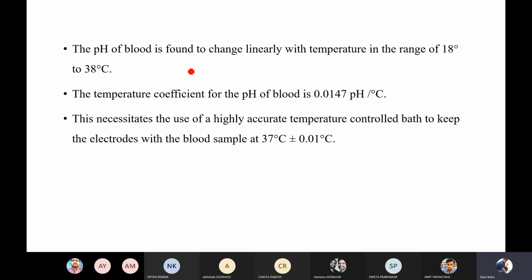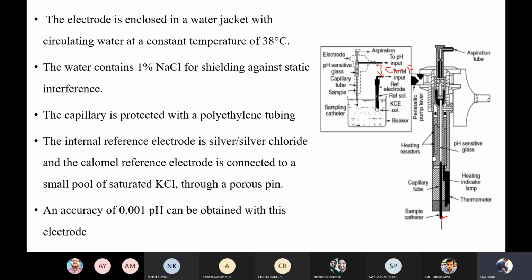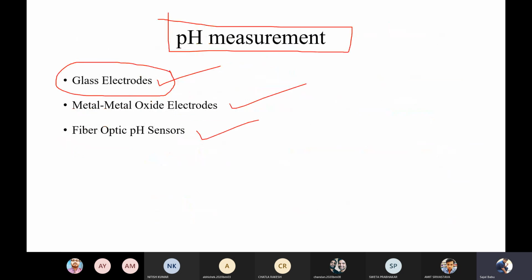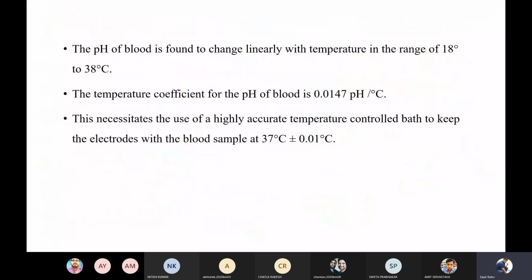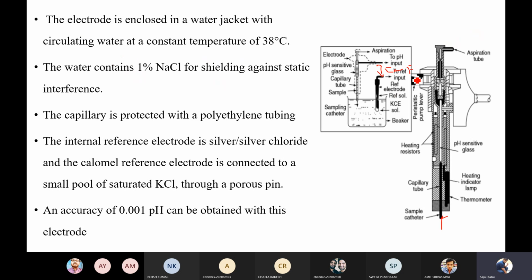Okay, then if you see the pH of the blood, as I said, it is very tightly regulated, 7.35 to 7.45. But there is a small variation because of temperature, as the temperature can vary in a range of 18 to 38 degrees centigrade. That is the reason this complete electrode is enclosed in a water jacket at 38 degrees centigrade.